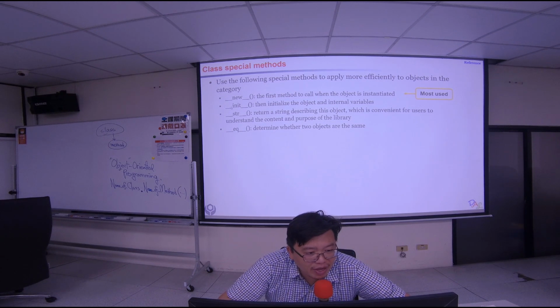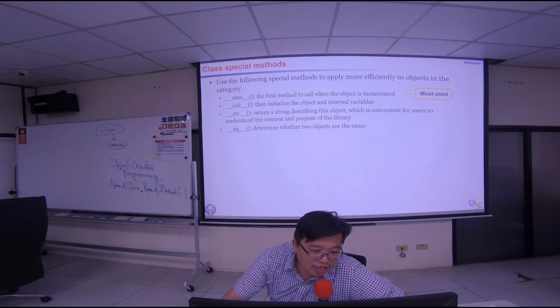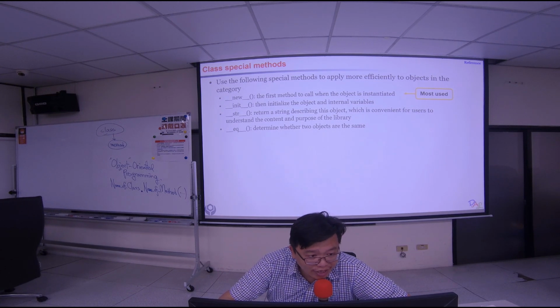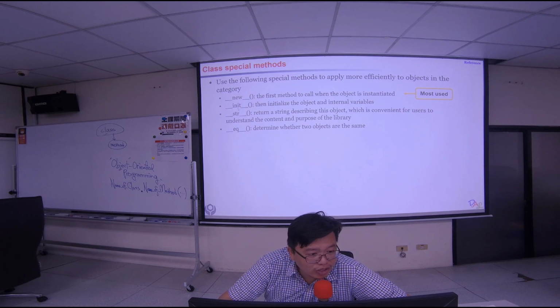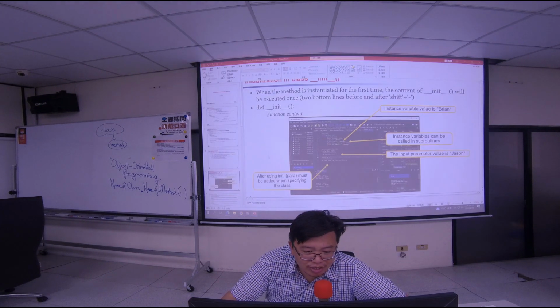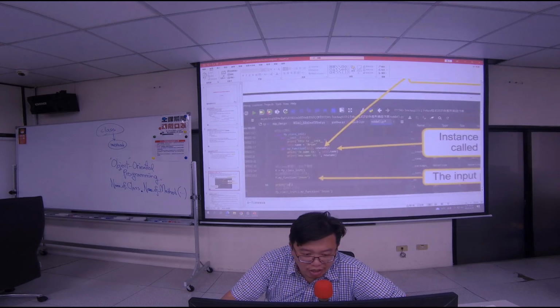So in the next page, I'm going to introduce something called init, basically initialize. And for initialize, it allows you to have internal variables, like local variables, inside initialize. Okay, so in this particular example, it's too small. Let me enlarge.